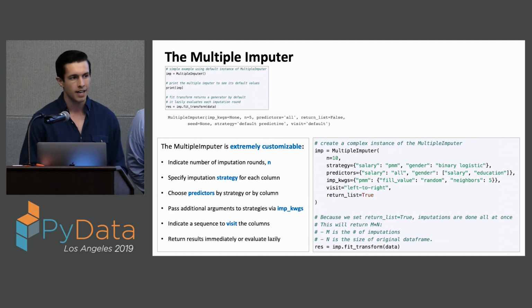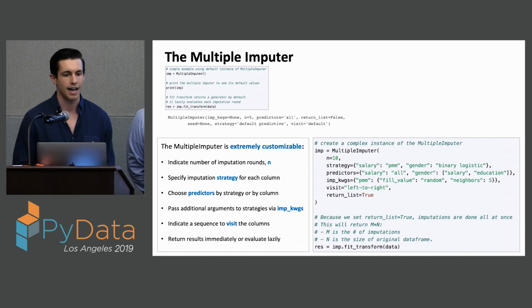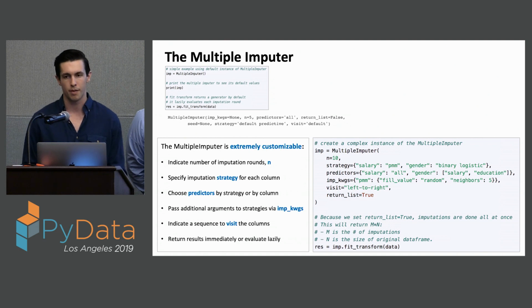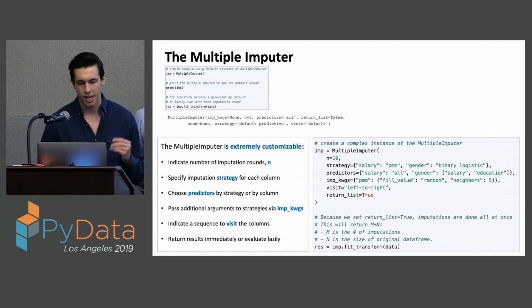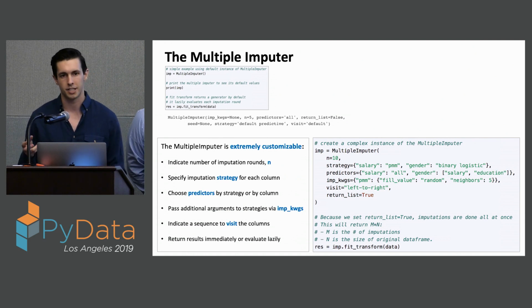So first, n, the number of imputation rounds you want to complete. The strategy argument allows you to specify the strategy you want to use for imputation, and you can specify that by column, right? So in this case, we have a salary column, and we want to use PMM, which is predictive mean matching. We have a gender column, and we might want to use binary logistic regression for that, right? So we can use different imputation methods for different columns.